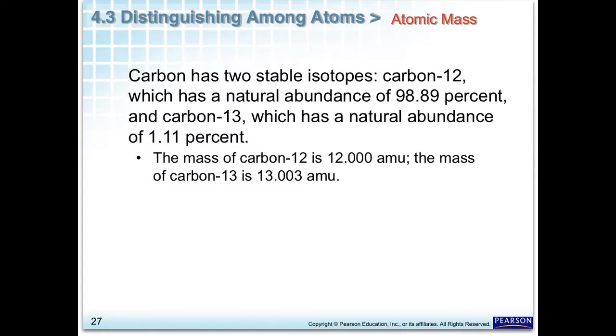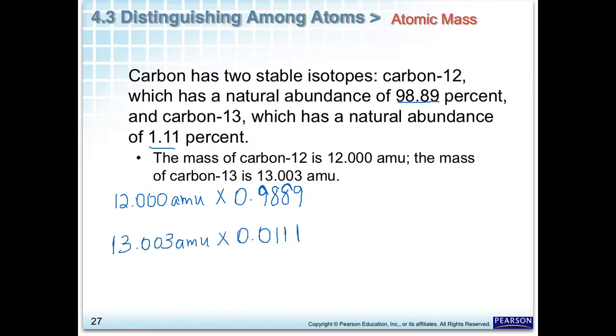So here's an example. Carbon has two stable isotopes, carbon-12, with a natural abundance of 98.89%, and carbon-13, with an abundance of 1.11%. So we take the 12.00 AMU for the first isotope times its abundance as a decimal, and then we take the second isotope, 13.003 AMUs, times its percent abundance as a decimal.